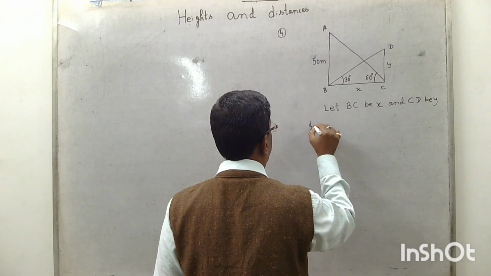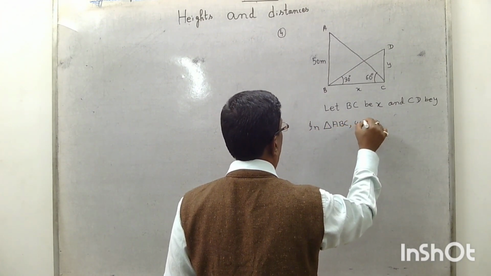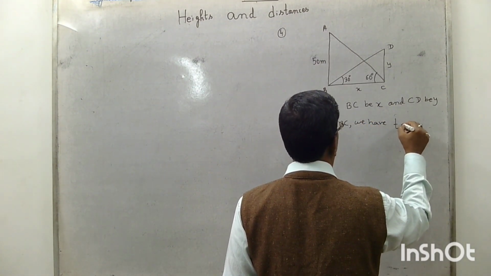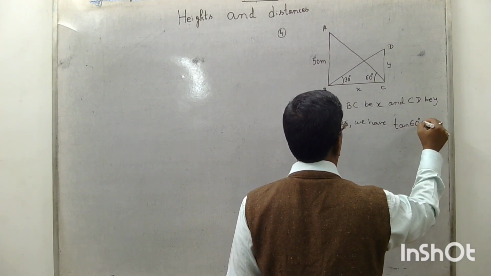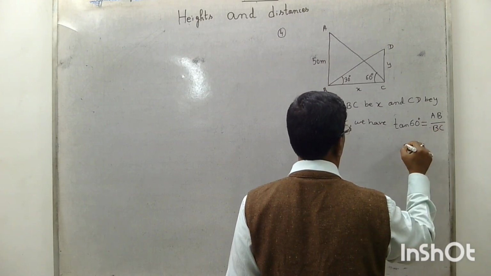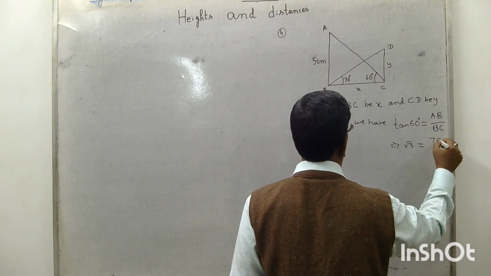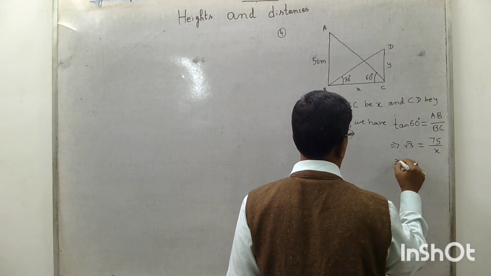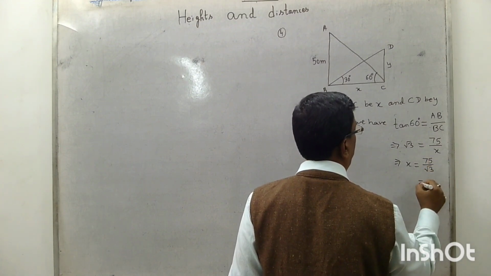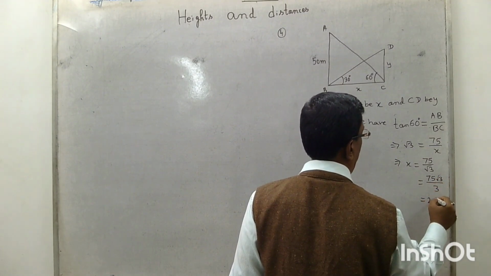In triangle ABC, we have tan 60 equal to AB by BC. Root 3 equal to 75 by X. That means X equals 75 by root 3. It will be 75 root 3 by 3. So it is 25 root 3.